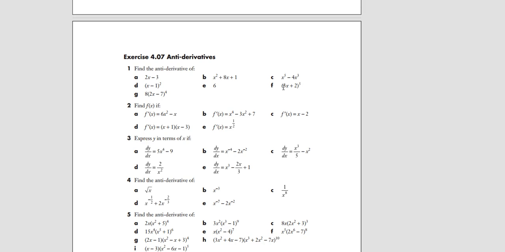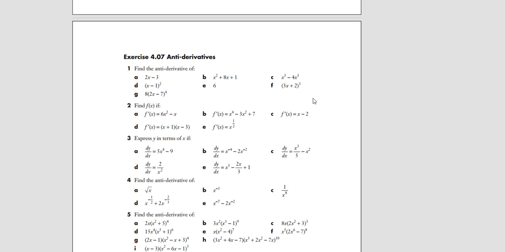So it will be (3x plus 2) to the power of 6 divided by 3 multiplied by 6, which is 18. That will be the answer for that one.